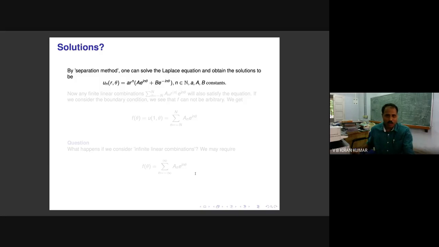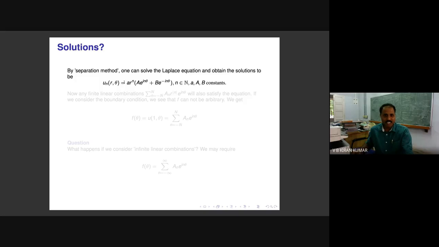After doing all those computations in partial differential equations, you'll obtain that u_n(r, θ) is given by r^n times (A e^{inθ} plus B e^{-inθ}), where n varies in the set of natural numbers, and A, B are constants. These are solutions. This will solve the Laplace equation. That is very easy to obtain. Let me not do the computations here.